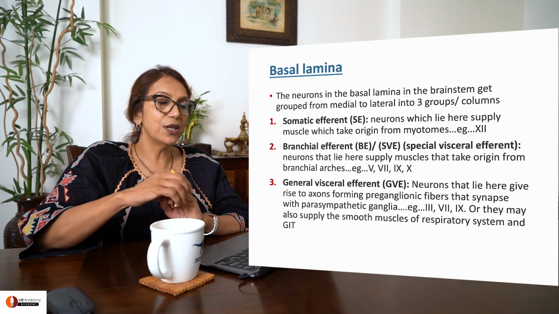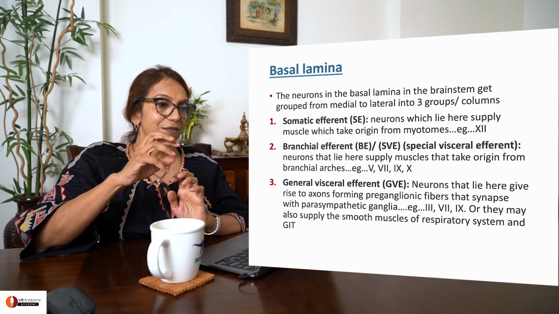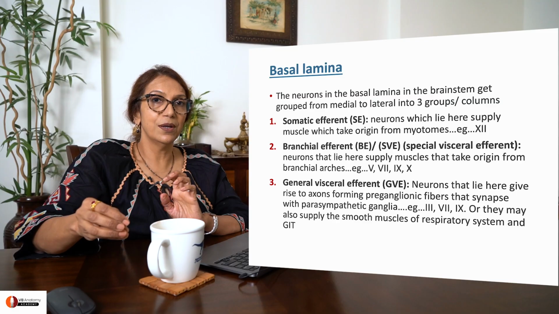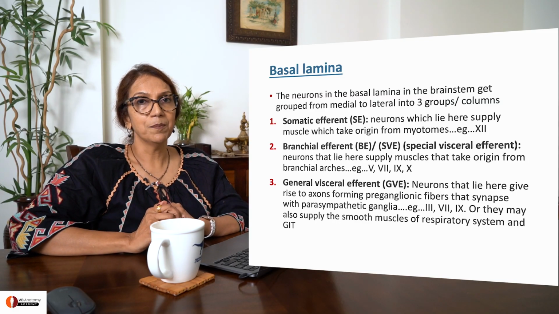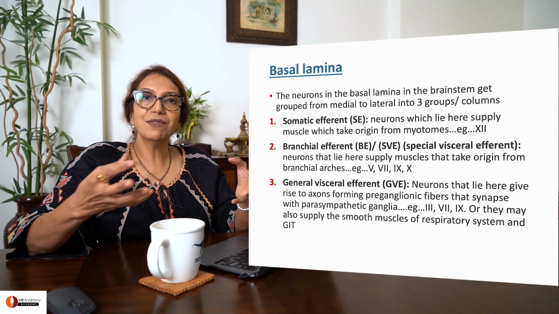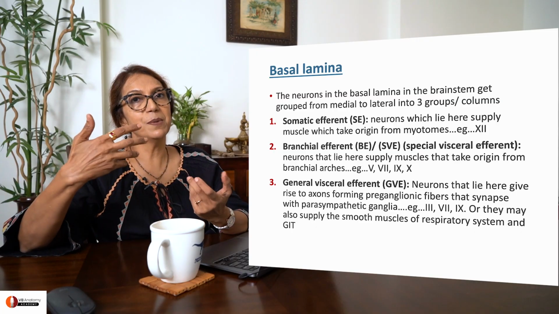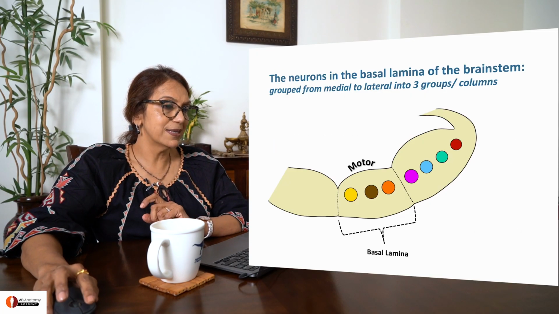And finally, general visceral efferent. The axons of these neurons will be preganglionic axons. They will go and synapse with parasympathetic ganglia. Basically they will be secretomotor to the various salivary glands or glands present in the head and neck region. Take a look at the image to understand.